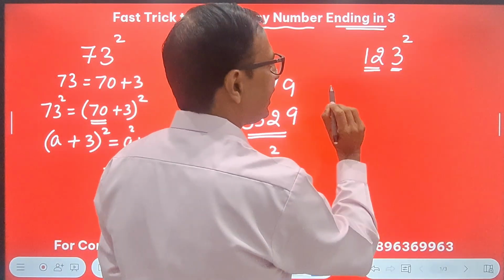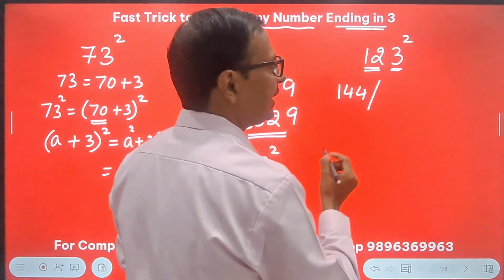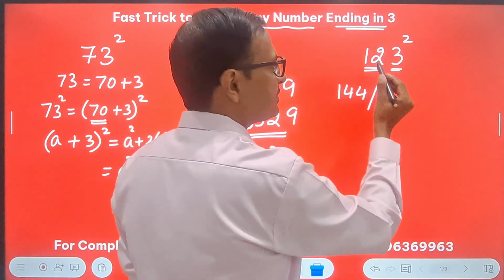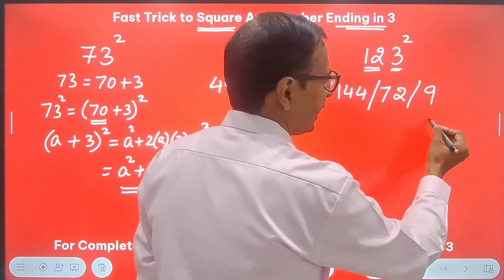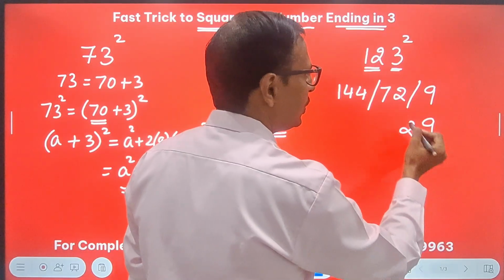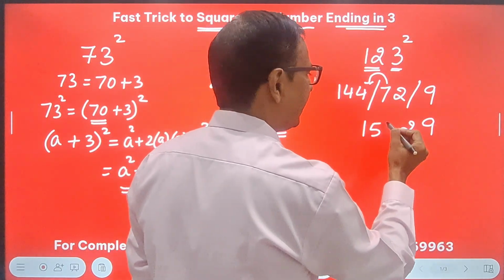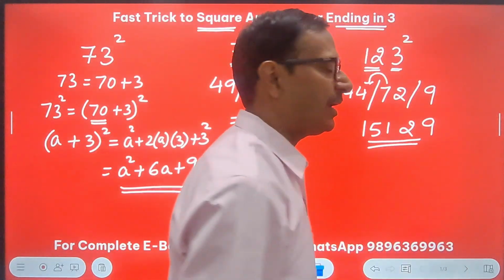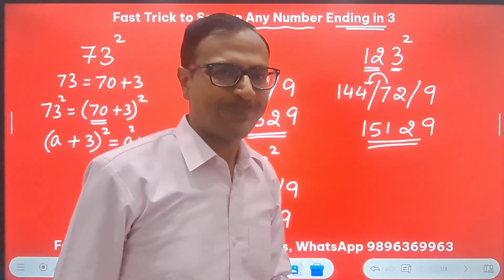So I'll have to do a square, which is 12 square, 144. And then 6 times a, 12 times 6 is 72. And finally the 9. So the 9, 72 means 2, the 7 carried. 144 plus 7 is 151, and here you have the answer 15129 is the square of 123.